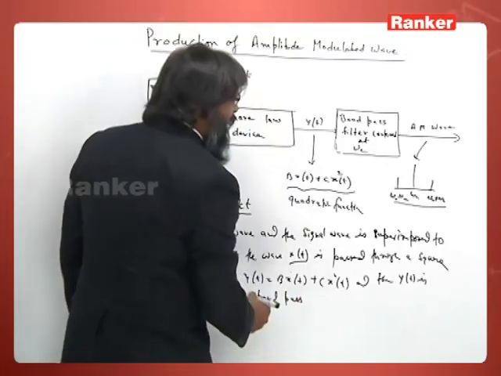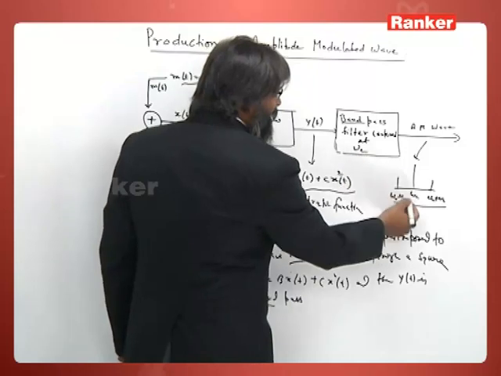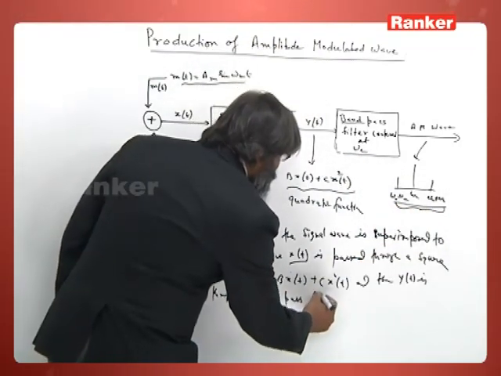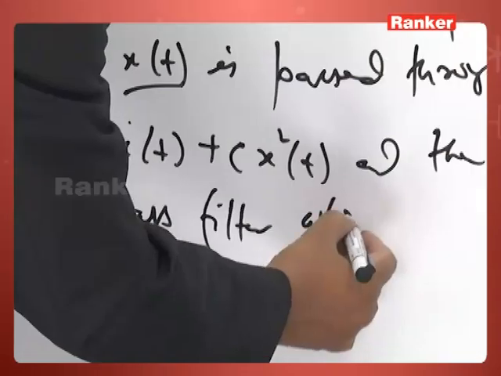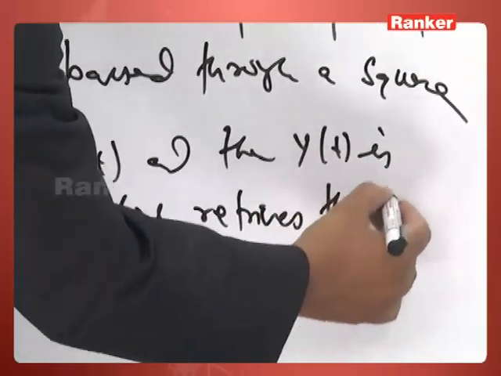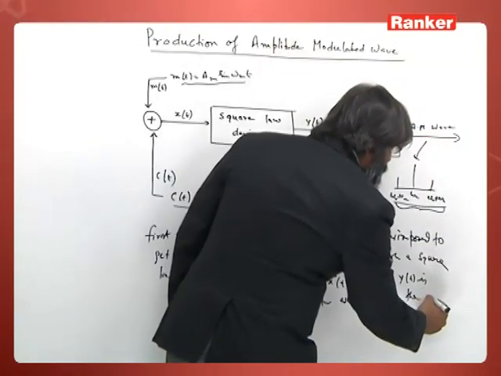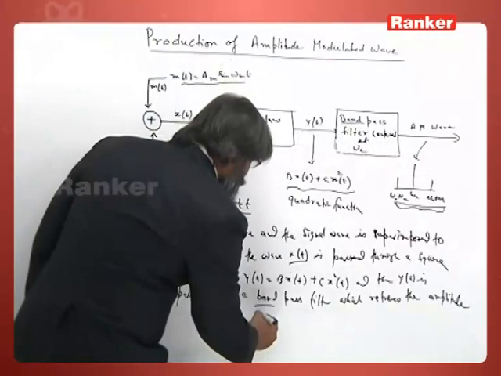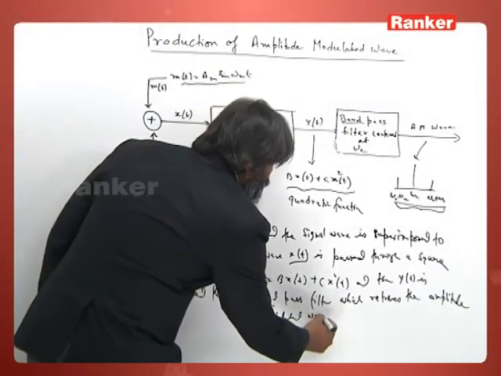You see, band means it is not selectively passing ωc, the whole band is passed. So it is a band pass filter which retrieves the amplitude modulated wave.